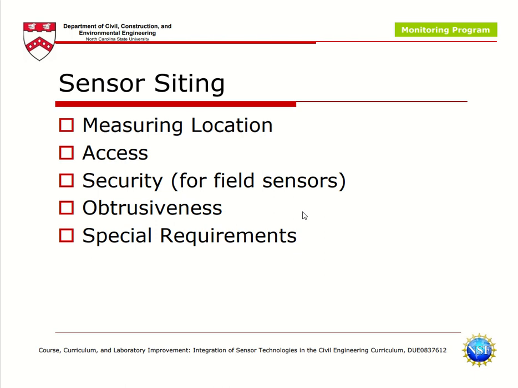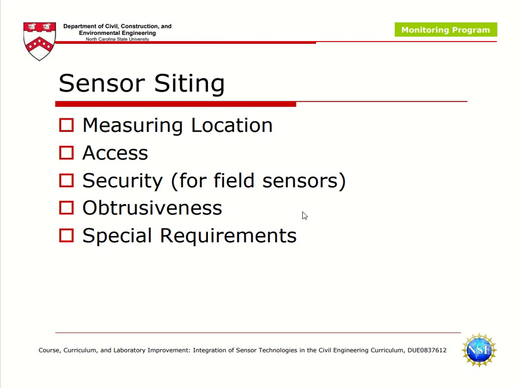If your sensor is a field sensor, then its security is very important. If it is in an open field, then its security becomes very important. Sometimes, if you have placed a sensor in some place and somebody wants to disturb the measurement of the sensor, he can misplace a part or two of the sensor or your device, so that you will not be able to get the output you are supposed to get.